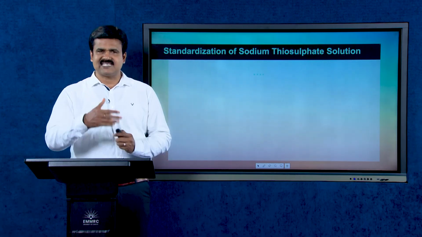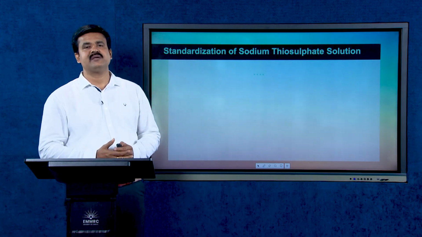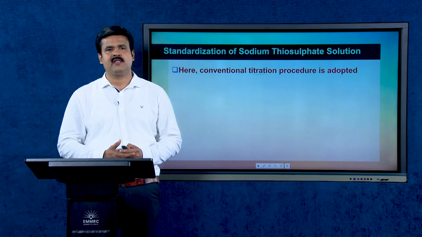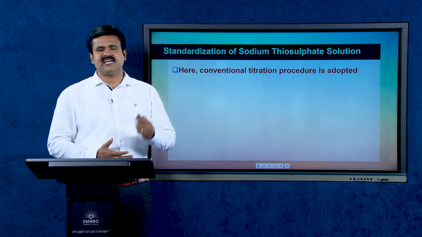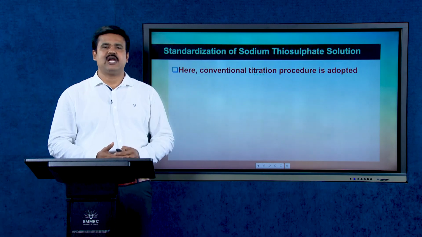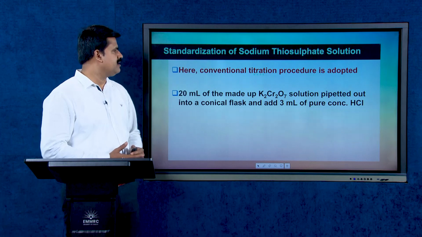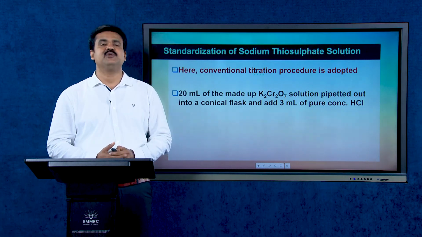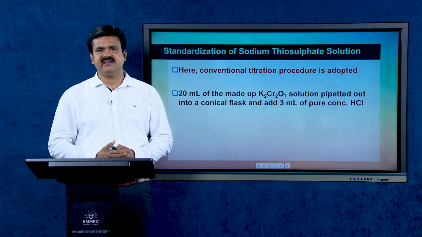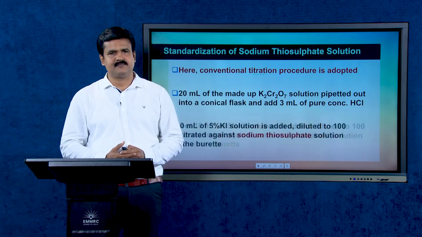Now, the second part of the experiment, that is standardization of sodium thiosulfate solution. Here, conventional titration procedure is adopted. 20 ml of the made up K2Cr2O7 solution is pipetted out into a conical flask and 3 ml of pure concentrated hydrochloric acid is added.